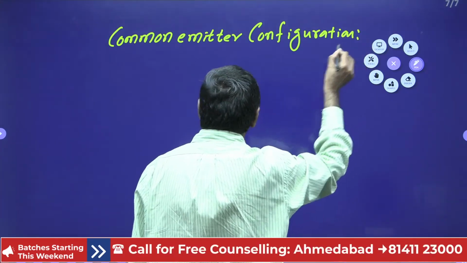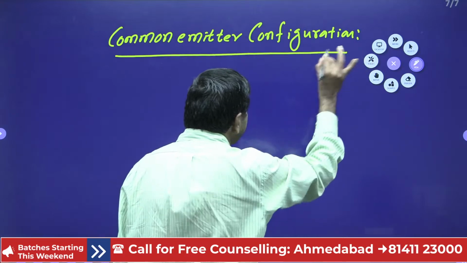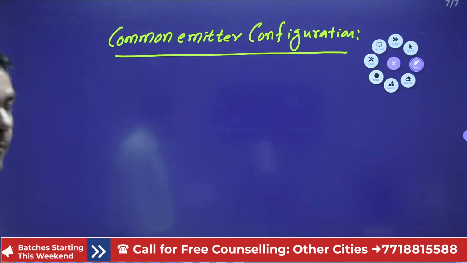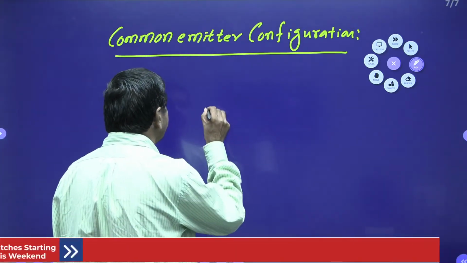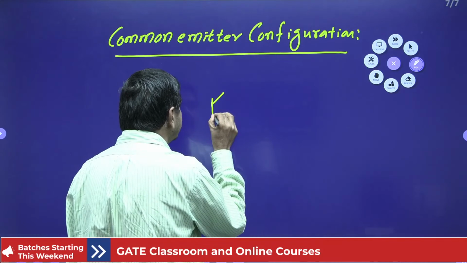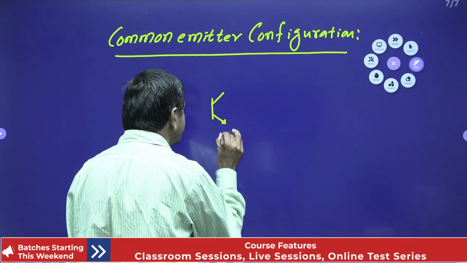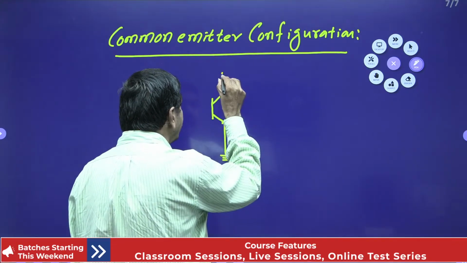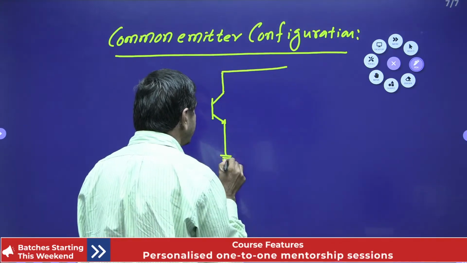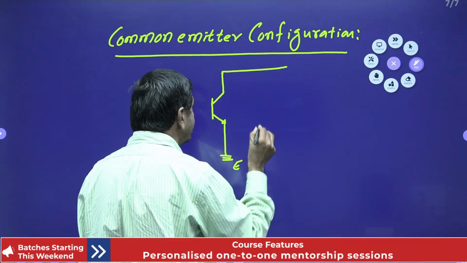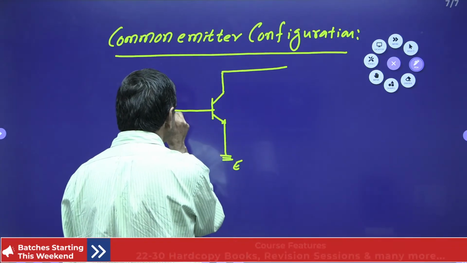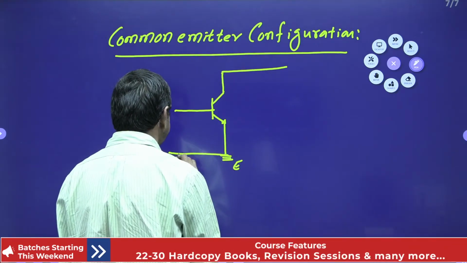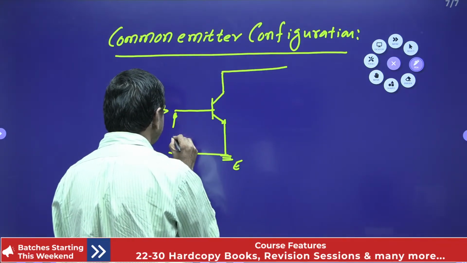But in this configuration, how can we draw the diagram here? What way can we draw this? That's very important. It can be drawn in this way, common emitter configuration. These are all just foundation, basics only. Here I am connecting this side, this is the emitter, this is the base. These two are connected this side, this is the emitter, and input we are giving here.